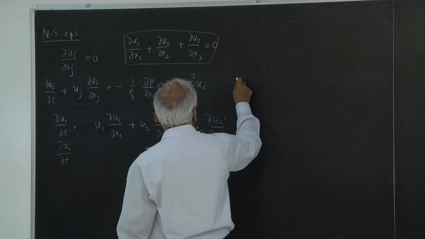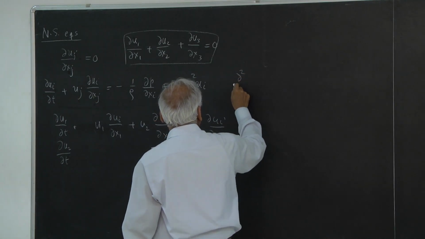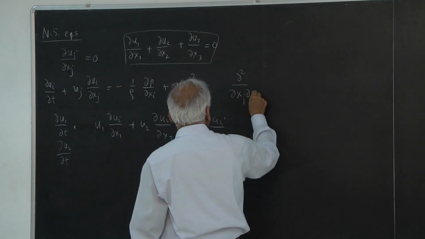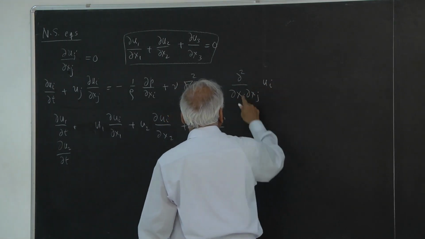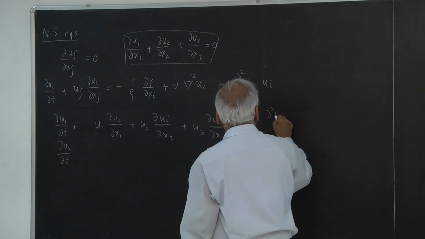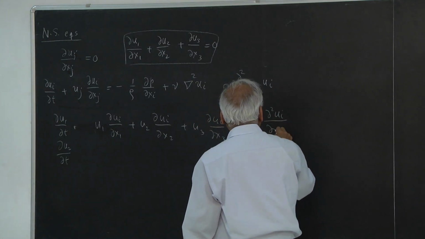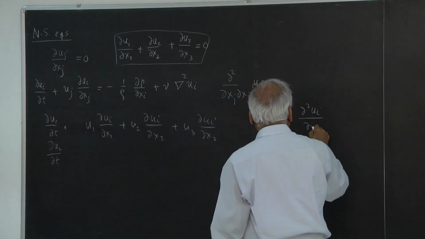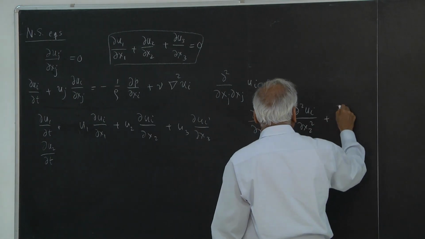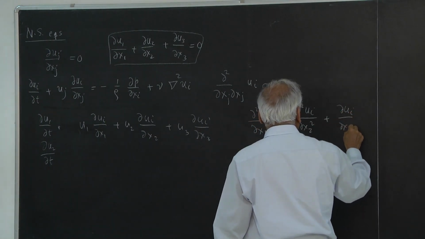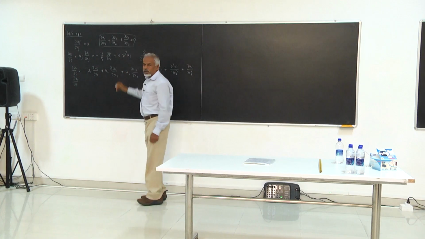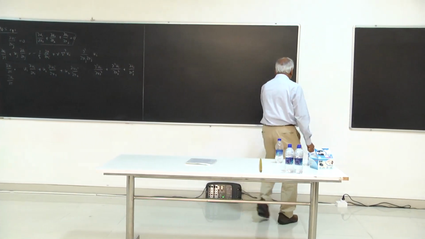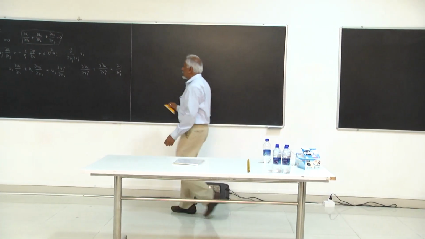And the Laplacian, d squared, I can also write as d squared dxj dxj ui. This will mean d squared ui dx1 squared plus d squared ui dx2 squared plus d squared ui dx3 squared, etc. Okay, so that's how it is. That's what it's supposed to mean, just a shorthand way of writing.